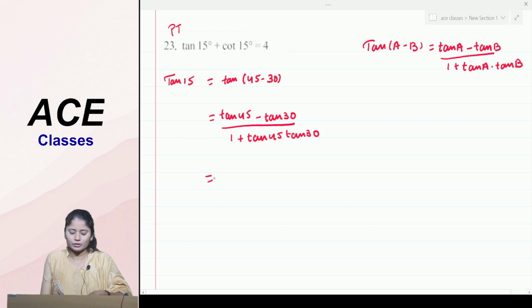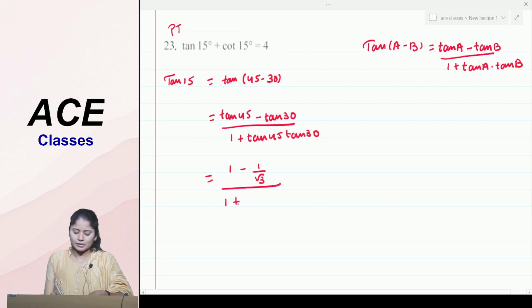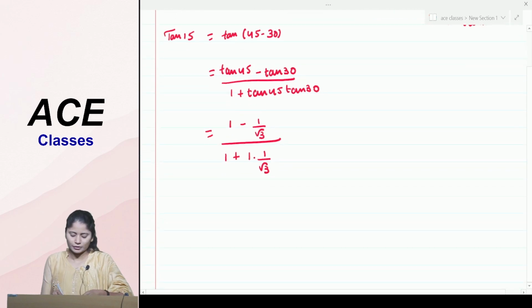So tan 45 is 1, tan 30 is 1 over root 3. Let me simplify this. So this is 1 minus 1 over root 3, whole divided by 1 plus 1 times 1 over root 3.